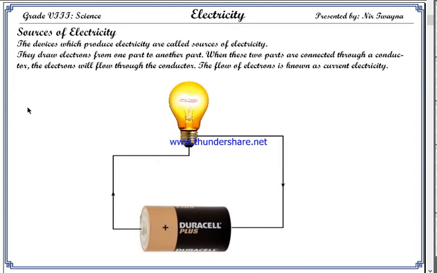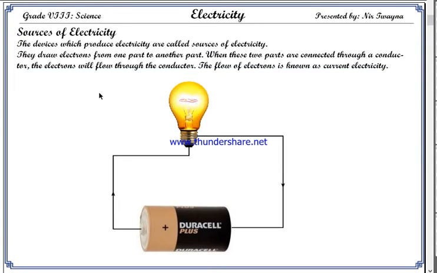If you do not have any form of energy, then you cannot create another form of energy. So here, sources of electricity basically means those devices which produce electricity. Electricity means electrical energy. Those devices which produce electrical energy are called sources of electricity.